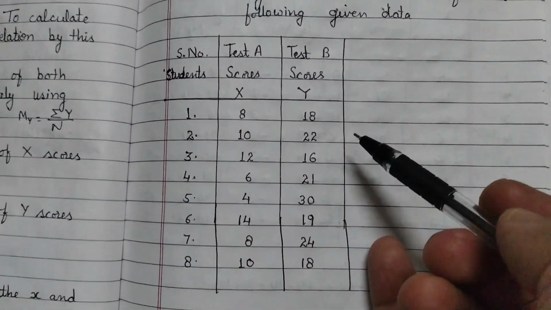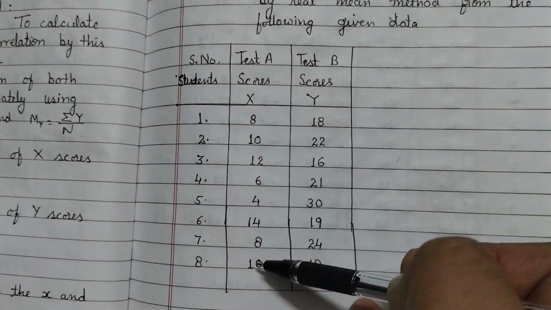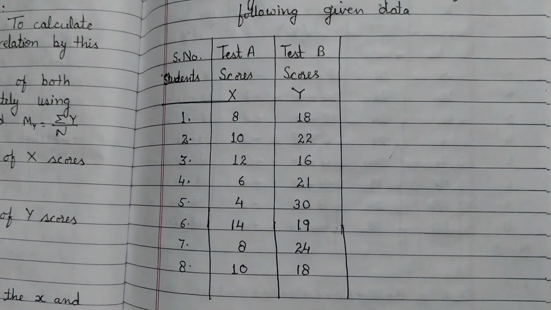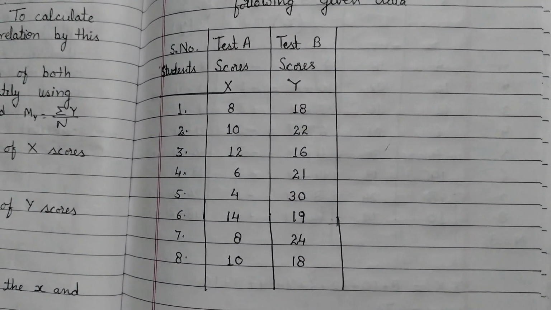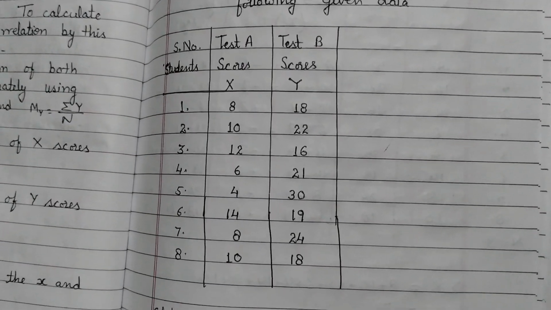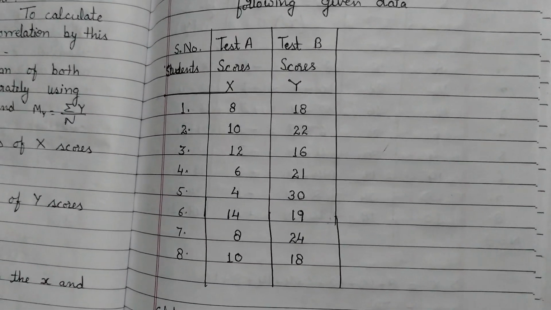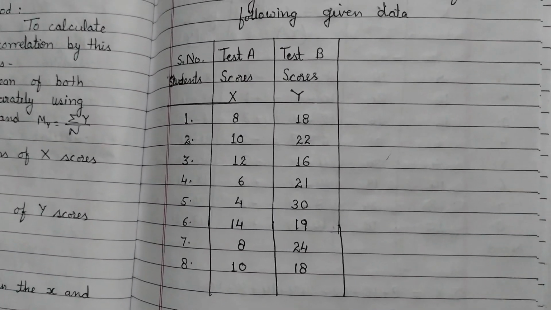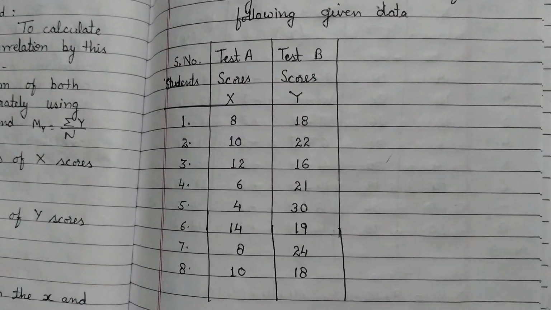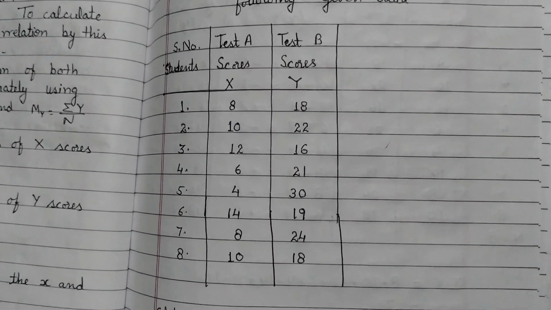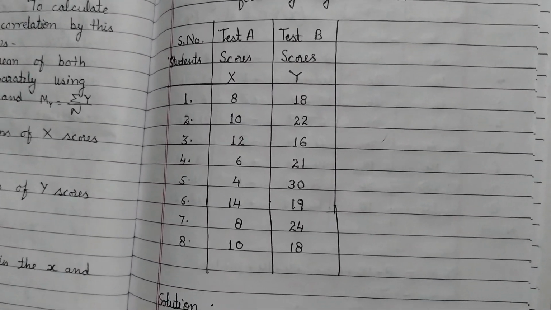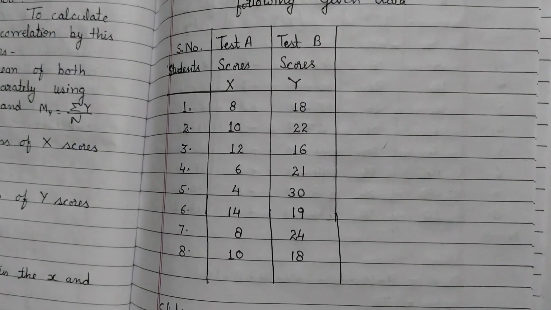Similarly, vice versa, if the X column is increasing and the Y column is also increasing, then we will have positive correlation. And if there is a mix, then it might be possible that there is lower positive correlation or lower negative correlation. It depends upon the data provided. So this is all about the real mean method.